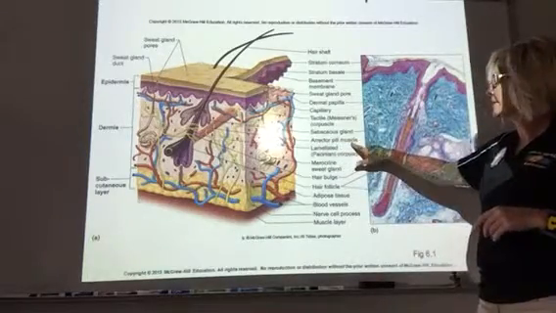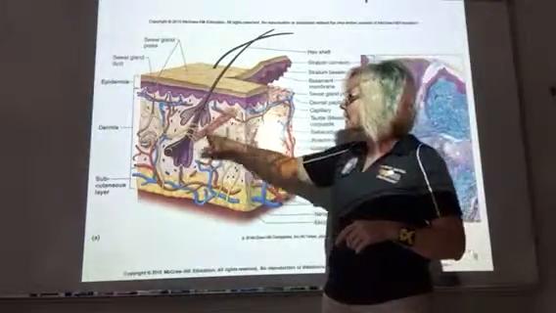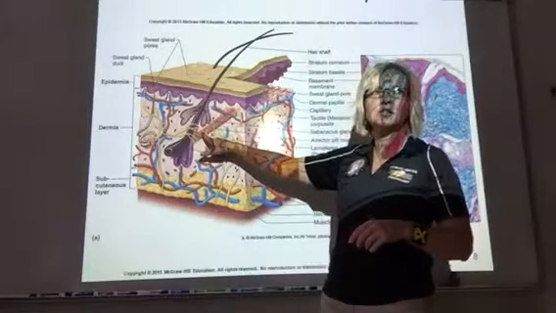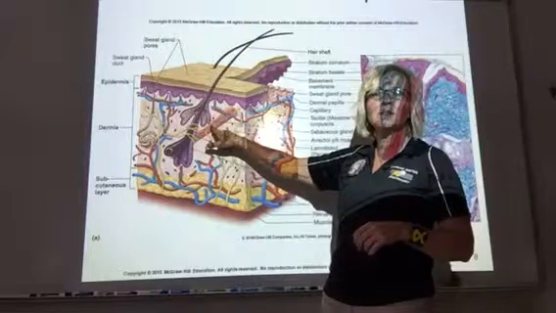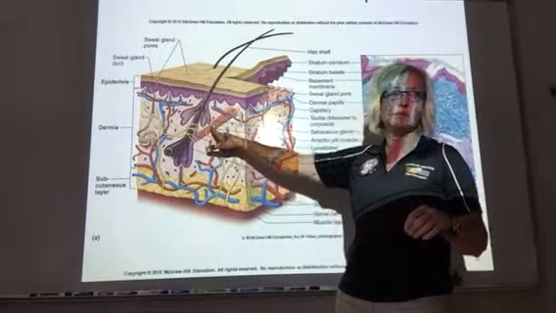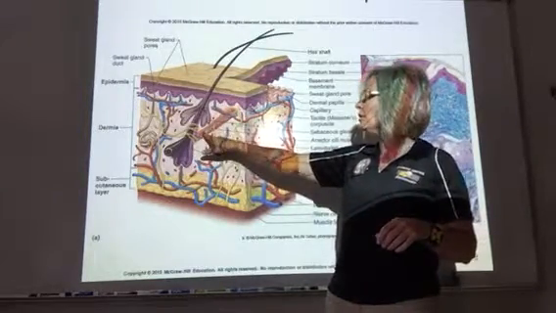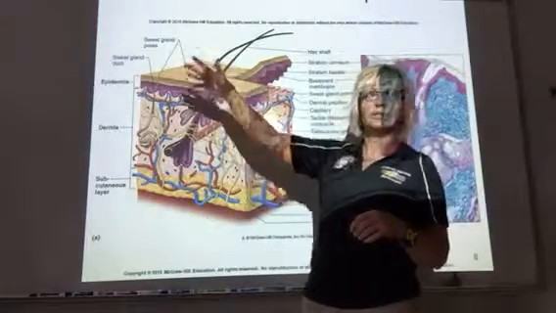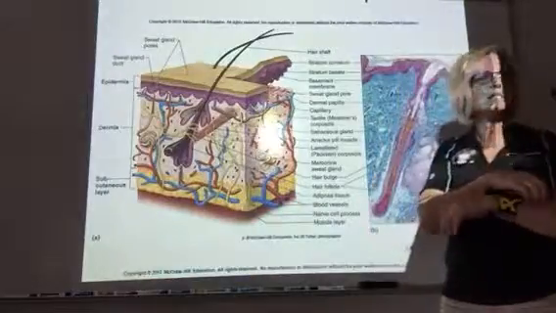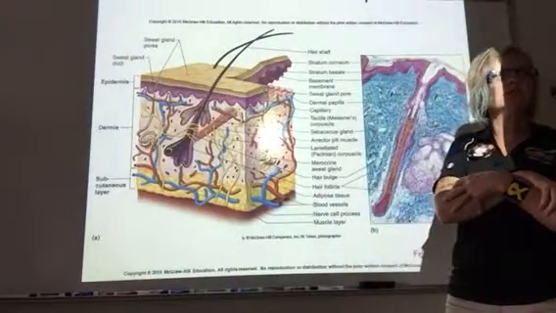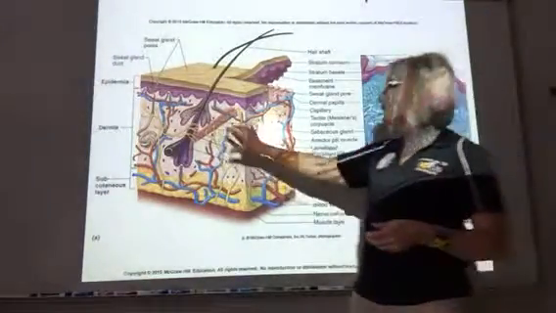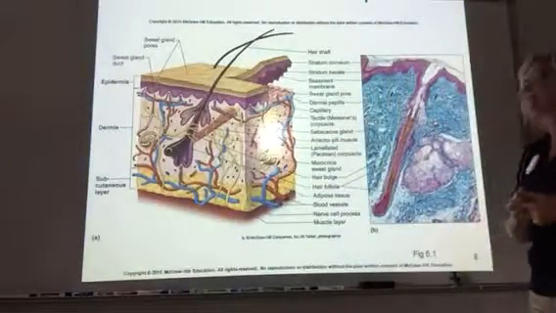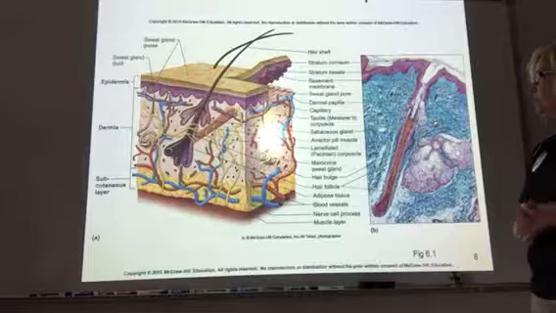Arrector pili muscle: every hair follicle has a muscle attached to it. This is the muscle that gives you goosebumps. When you get cold, this muscle contracts, pulling your hair straight up, so you get a little bump, your goosebump. That contraction also produces heat, which helps you warm up a little.